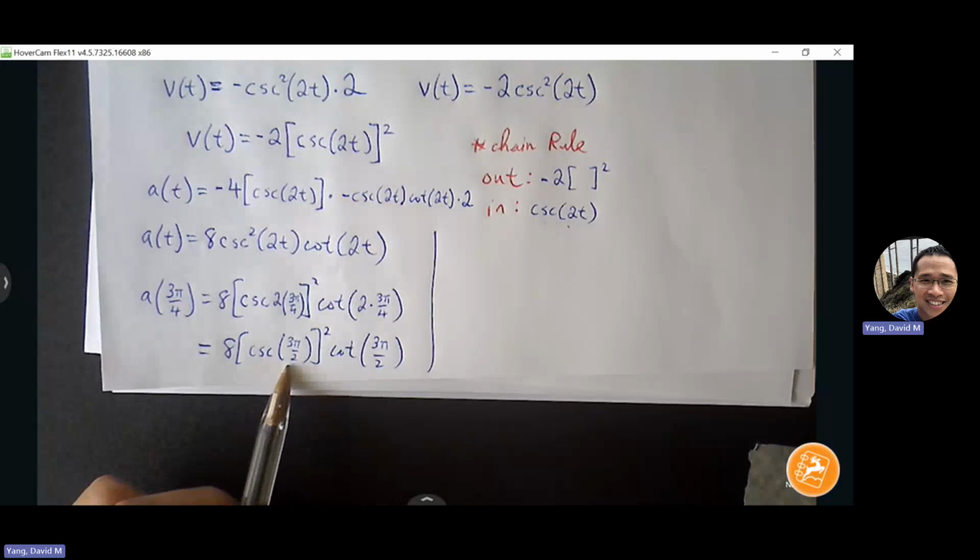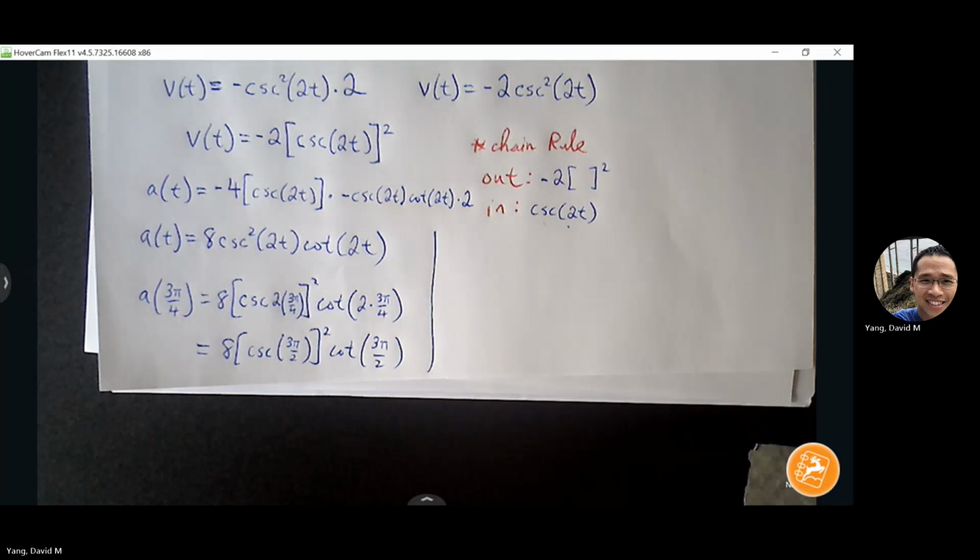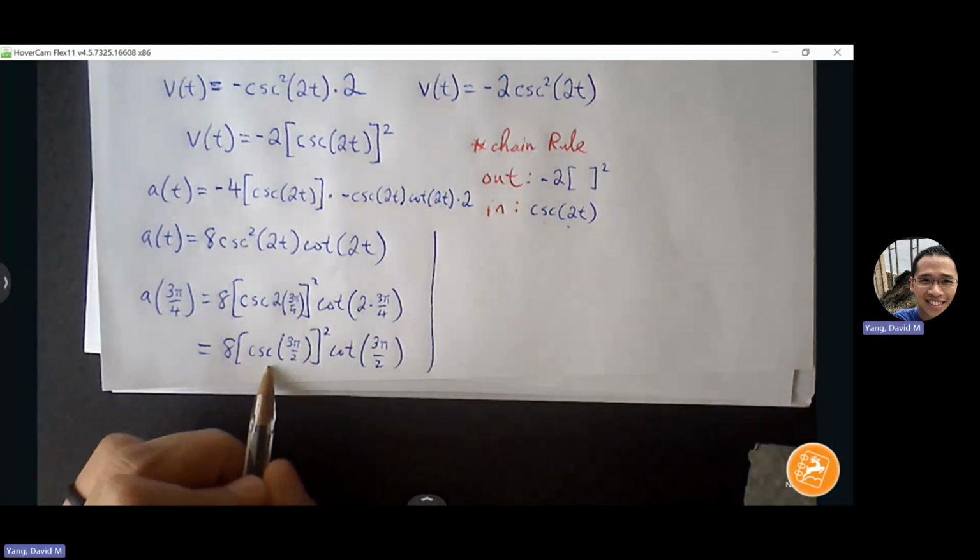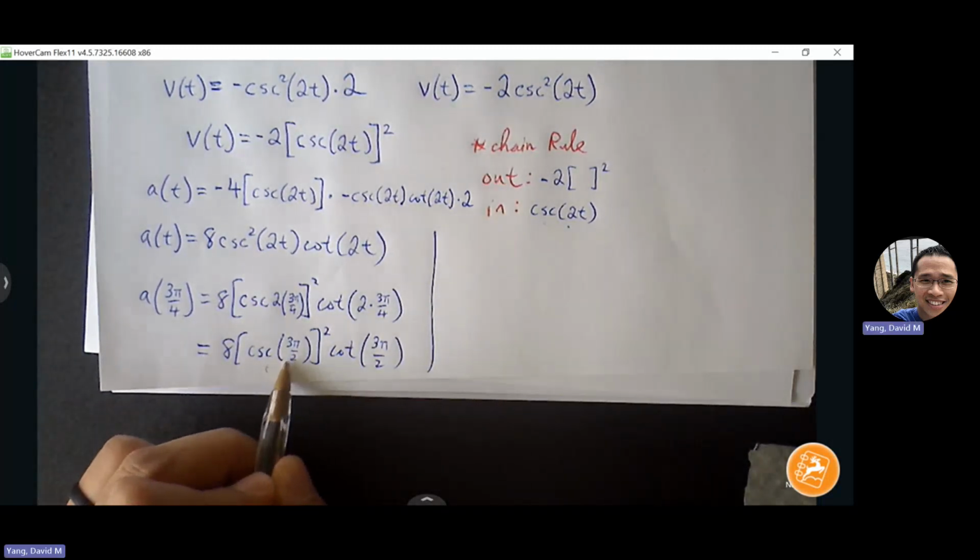Right, so cosecant, we know, is the reciprocal of sine. Cosecant is reciprocal of sine. So sine of 3π/2 is negative 1.